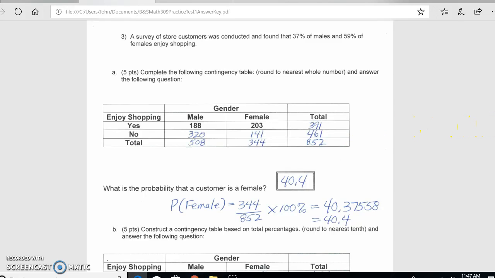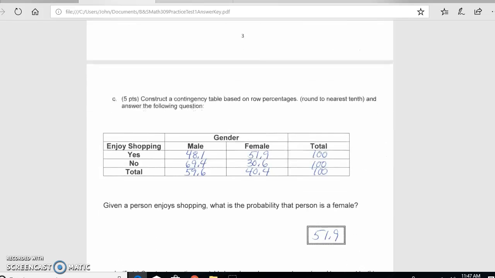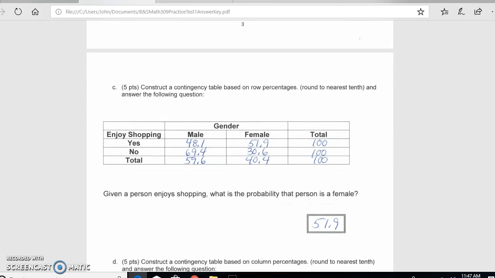Now if I look down to question C, it says construct a contingency table based on row percentages, round to the nearest tenth, and answer the following question.